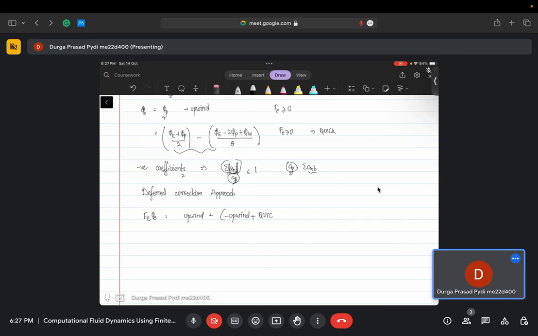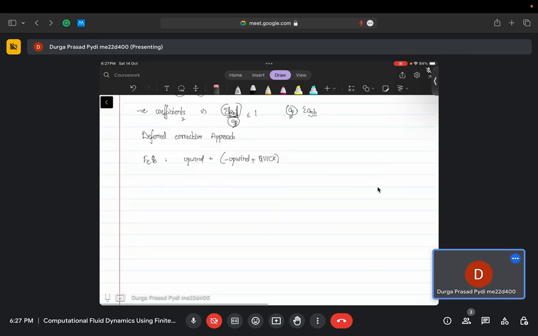This is something that you do at the current value, and these are your star values or the previous iteration values. This way you will solve it. So I just want to show with this, maybe we can conclude. So how do you implement it?